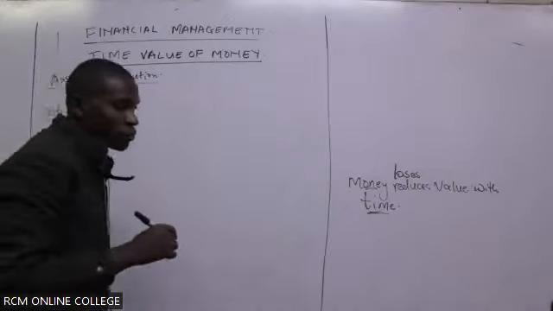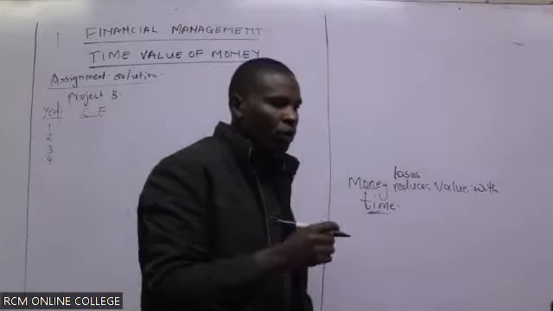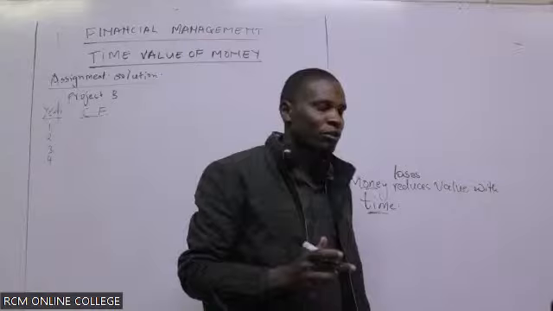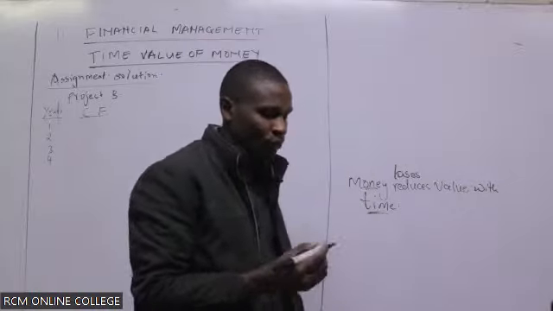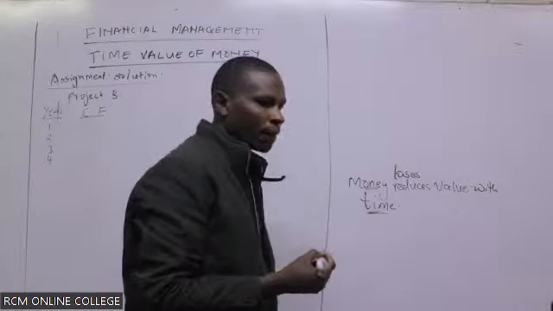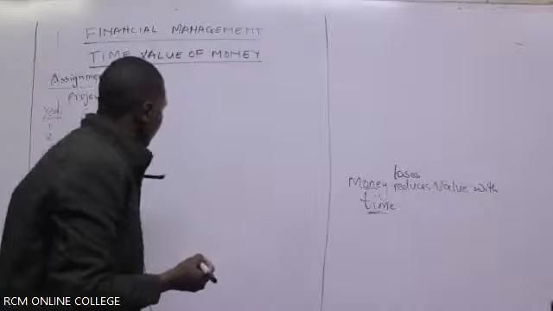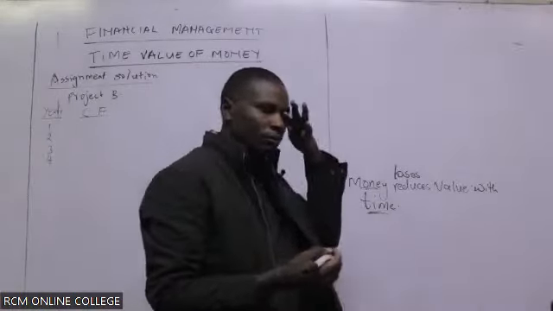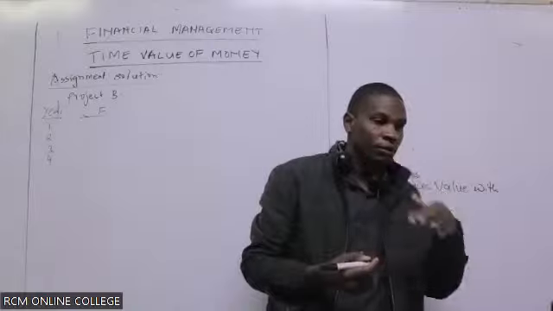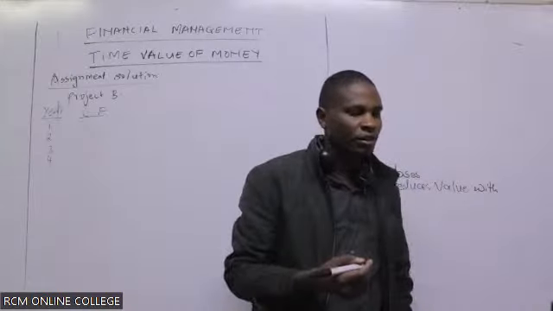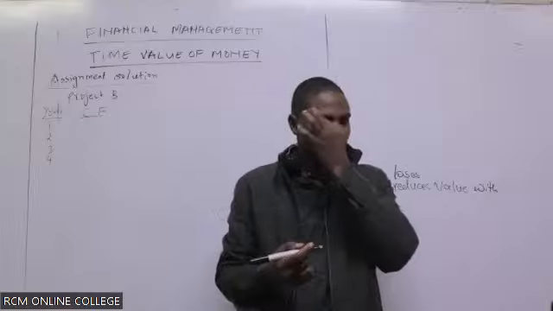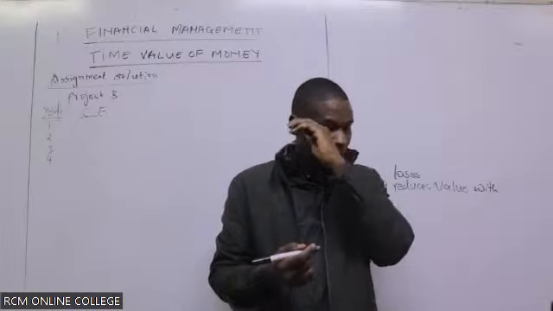Somebody tell me what was the year one cash flow for this project. Year one cash flow ilikuwa ngapi? Somebody, I think you wrote this from the assignment that I gave. It's better we start there.